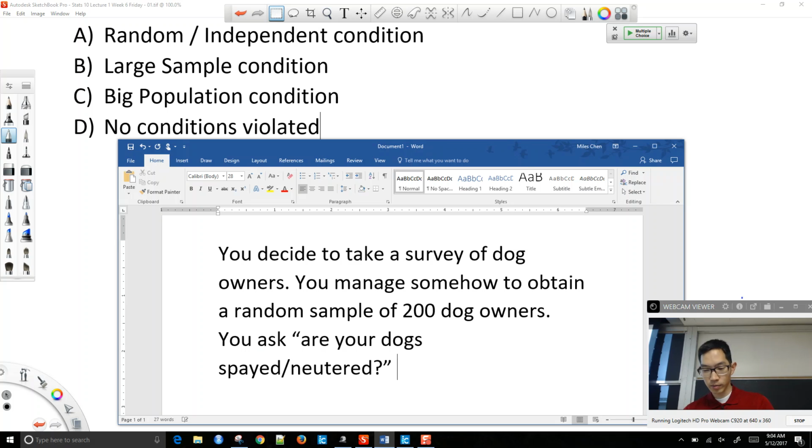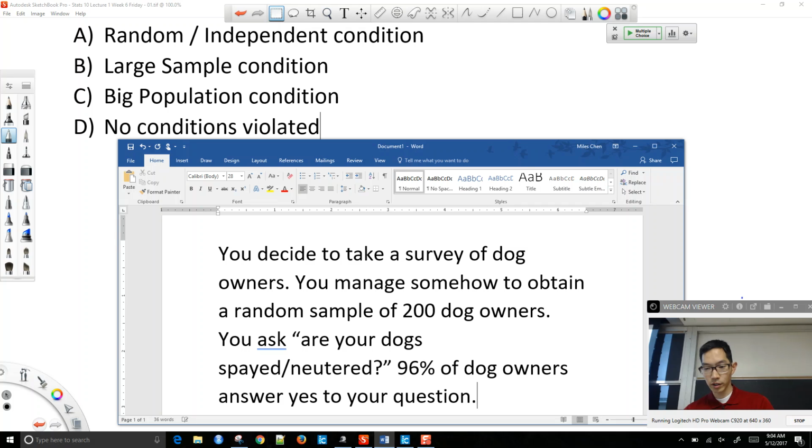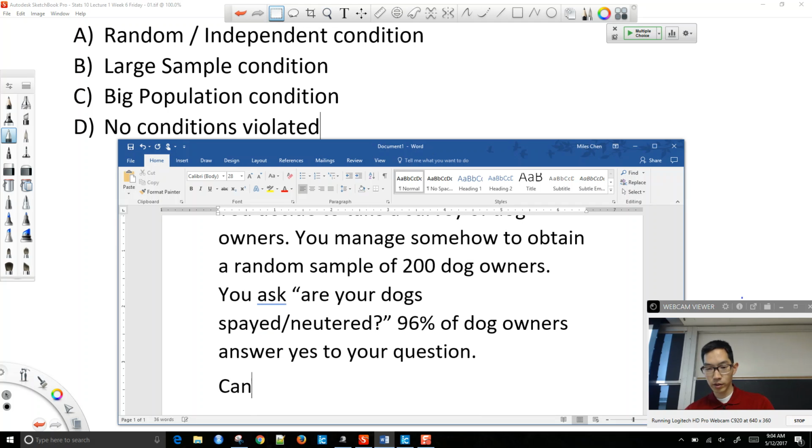You get 96% of dog owners answering yes to your question. And so, can we use the CLT to estimate the sampling distribution?